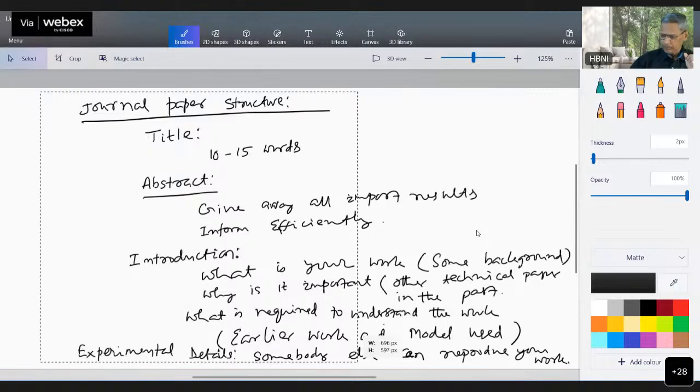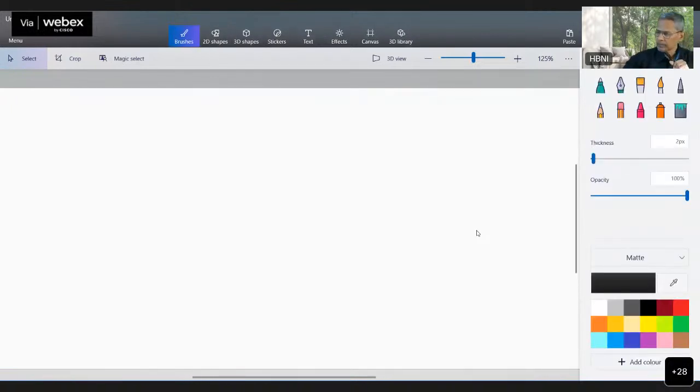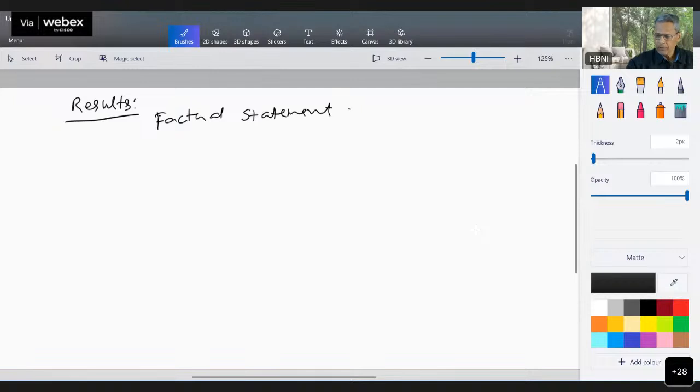Then results. In the results, you make an actual statement of the data.